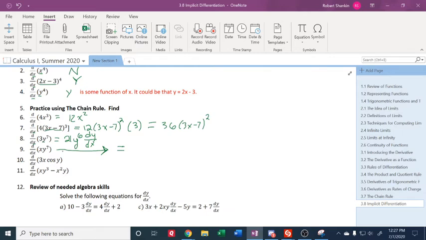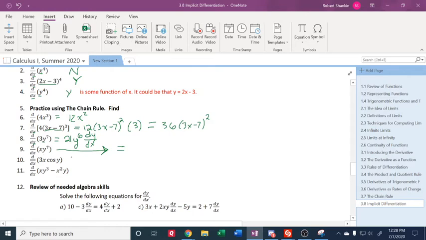Do I need the product rule? Anybody? Yes, you do. And why do I need the product rule? Because there's an x and then there's a y, which we're assuming is a function of x, like it could be 3x minus 7. So there's two different functions of x multiplied together, so I need the product rule.